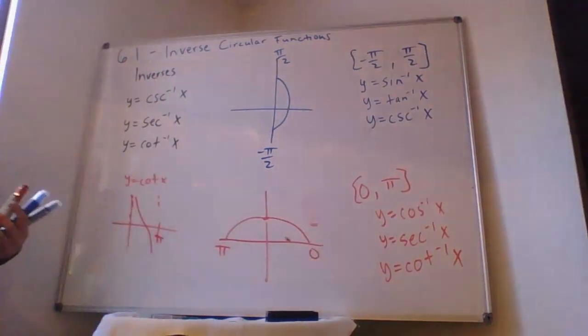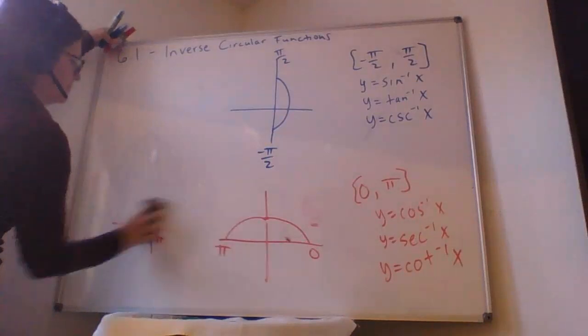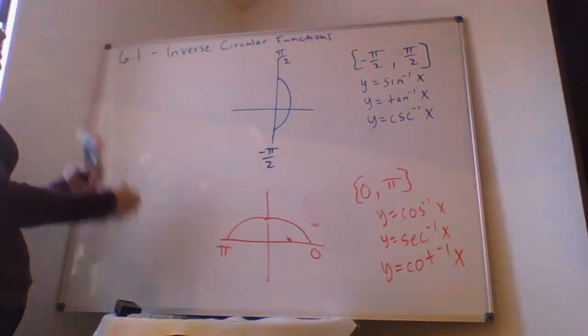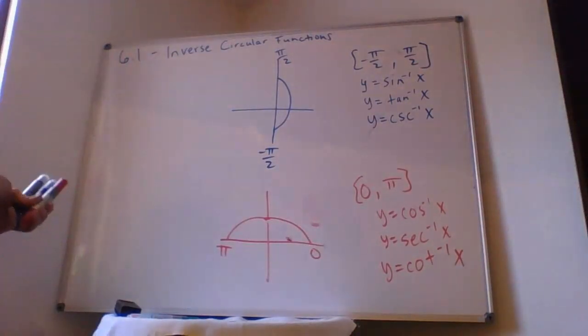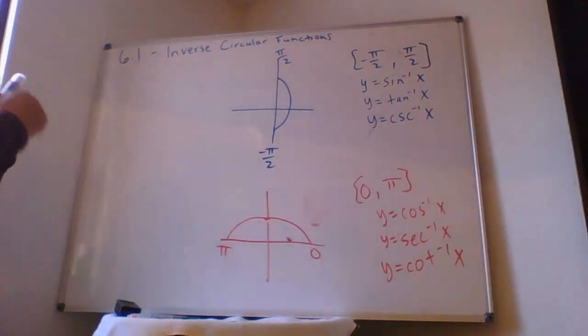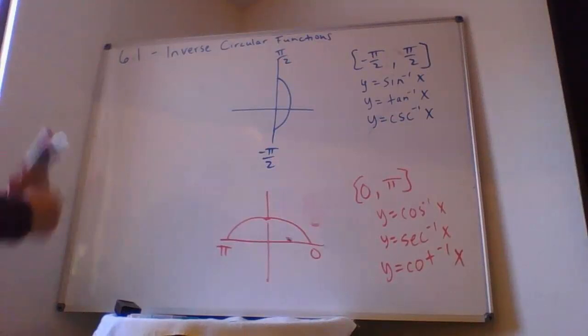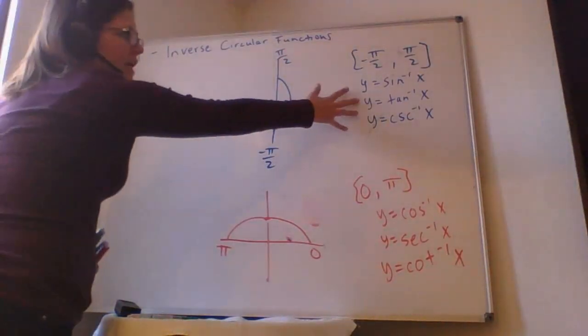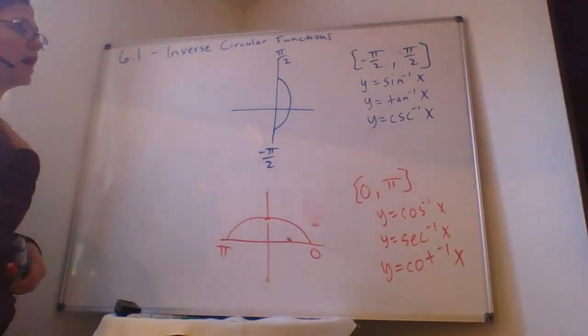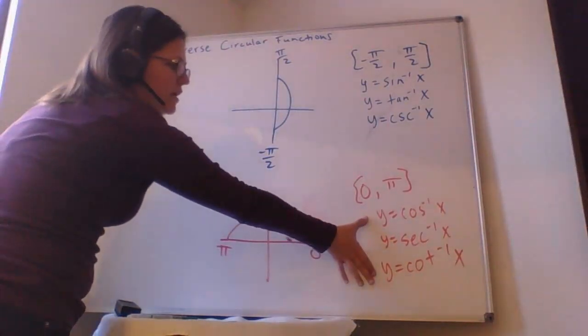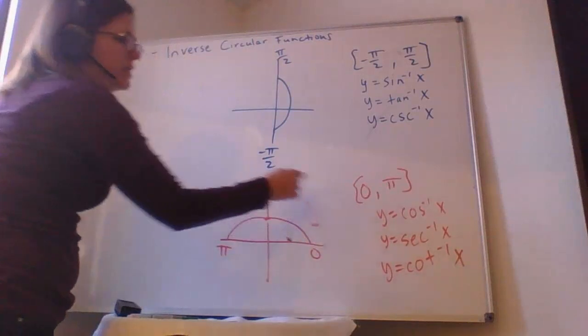But that's just a way to memorize it. This information right here is the most important aspect of the inverse functions. Knowing that inverse functions will only give you one answer, and that these three inverses have values in between negative pi over 2 and pi over 2, whereas these three inverses have values between 0 and pi.